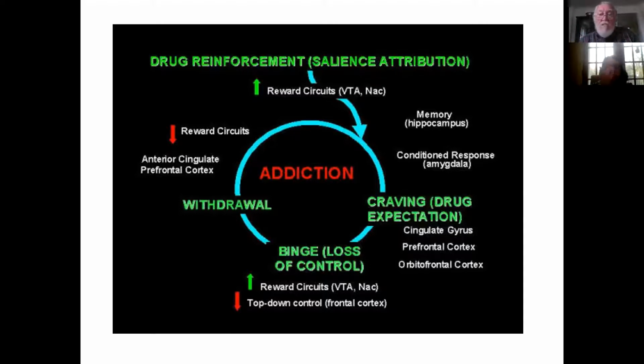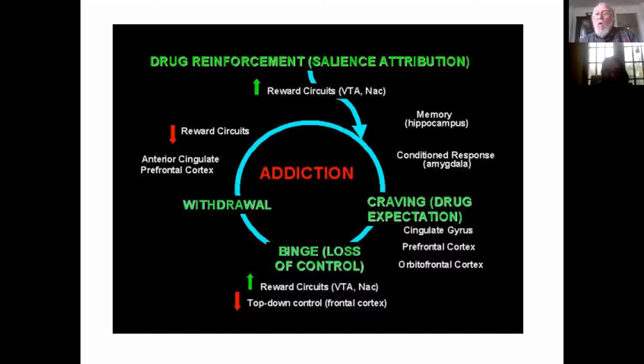But then over time, when you start to have this reward circuit, you also then create what is called craving, which is the expectation of a drug. Well, I got it now, and by the way, this guy comes along, picks me up, puts something on my head, I go into a cage, and the last 3 days, whenever I pressed this lever, when a light came on, I got food.